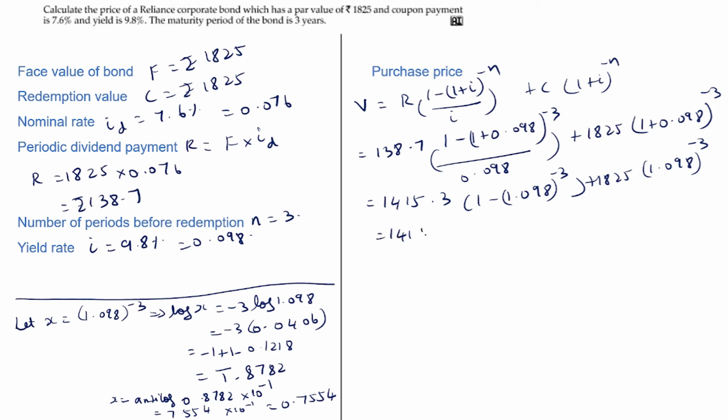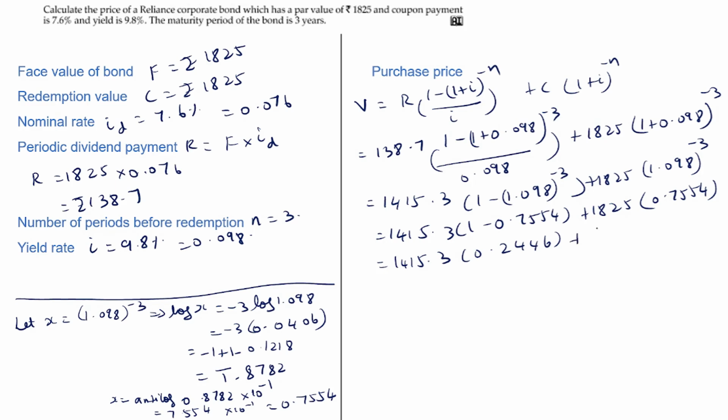So it is 1415.3 into 1 minus 0.7554, plus 1825 into 0.7554. It is 1415.3 into 0.2446 plus, when we multiply, we get 1378.6.